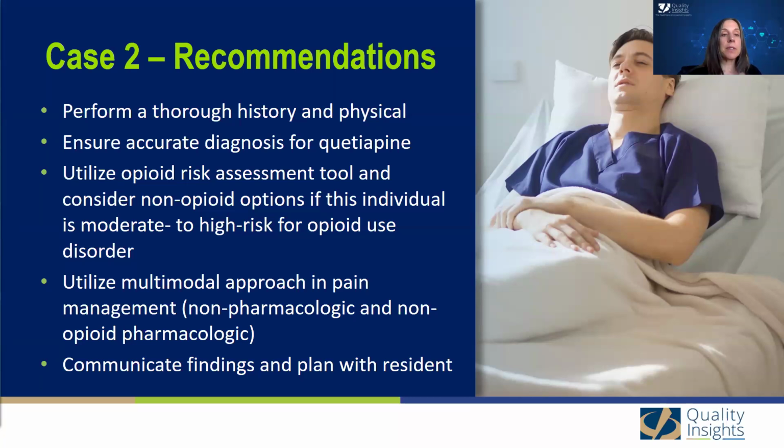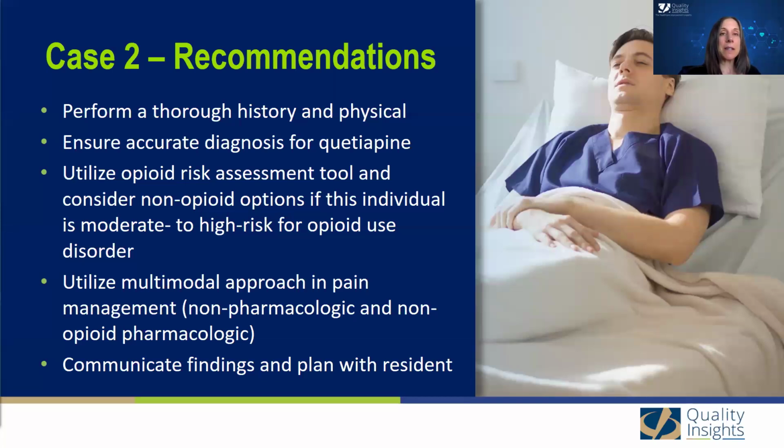Utilize an opioid risk assessment tool. Look at the resident's risk of developing opioid use disorder, and then utilize that tool along with your findings in the history and physical, type of pain, history of opioid use, all of these kinds of things. And then consider non-opioid options if the individual is moderate to high risk for opioid use disorder.